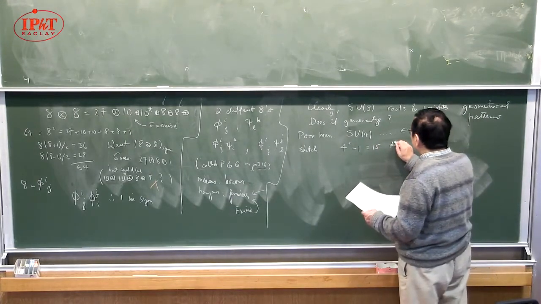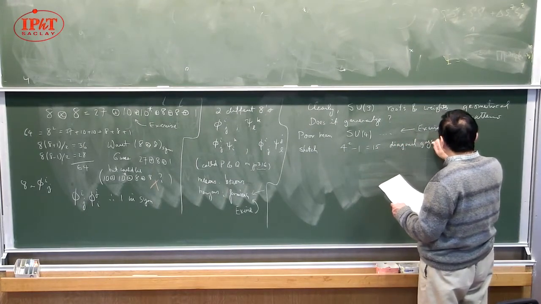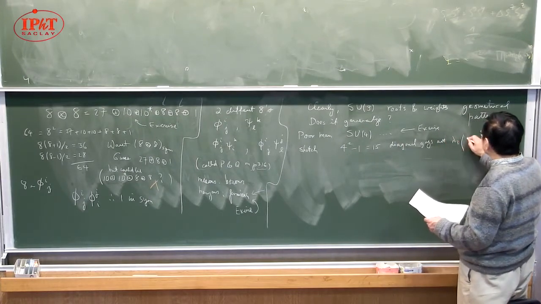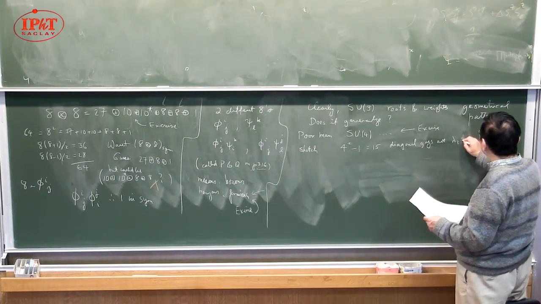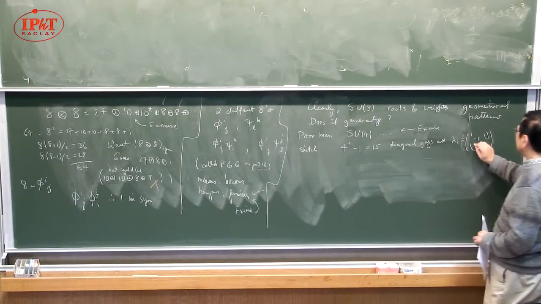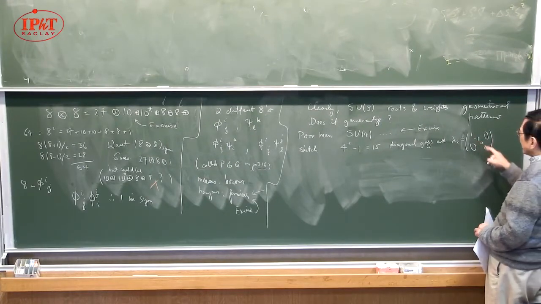And the diagonal guys are, as usual, lambda 3, which is 1, minus 1, 0, 0. So we just take the SU3 matrices and add an extra 0 to make it 4x4.